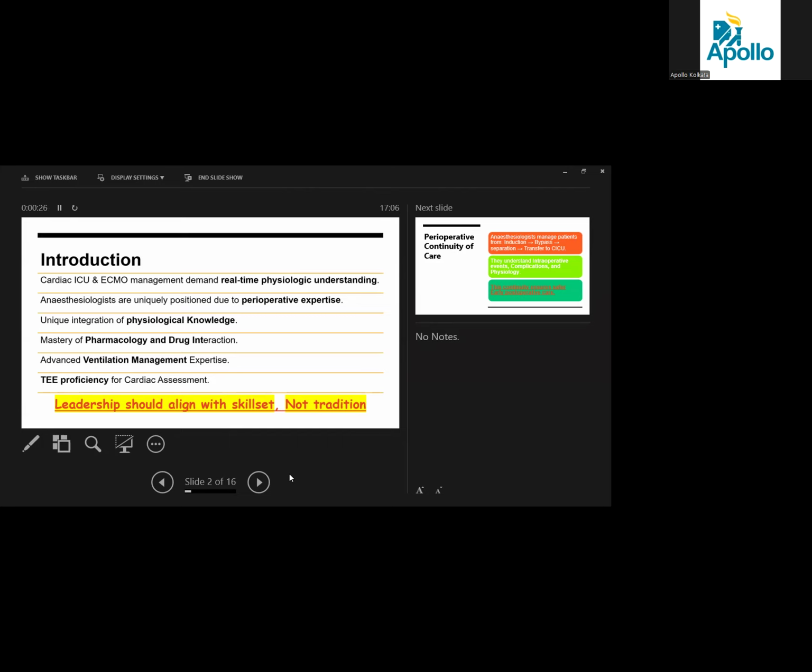Anesthesiologists are uniquely positioned due to their perioperative expertise, unique integration of physiology and pharmacological knowledge, advanced ventilator management expertise, and not only that, TEE proficiency, which I think is the most important tool nowadays to manage cardiac ICU and perioperative cardiac patients.